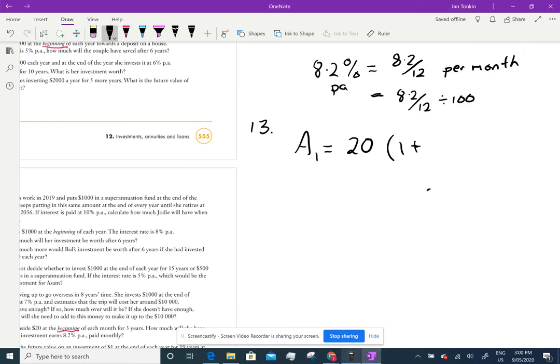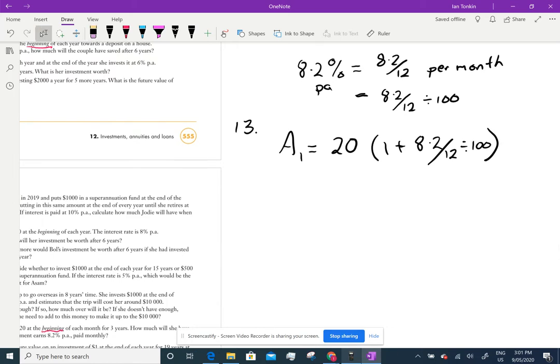So I'm going to have 1 plus 8.2 over 12 divided by 100. They're just numbers. Don't let them freak you out. So that's how much is at the end of the first month.